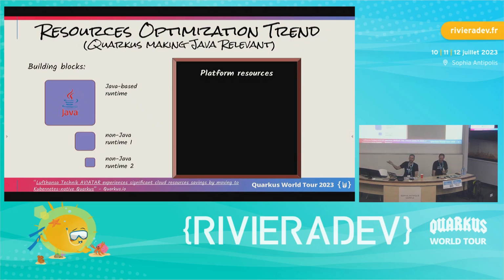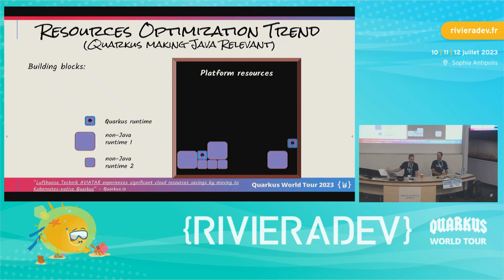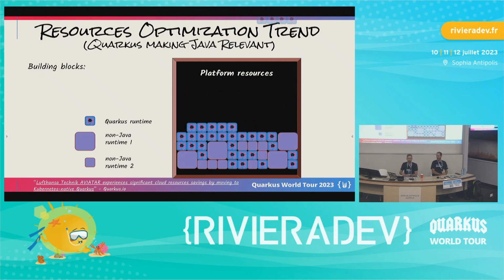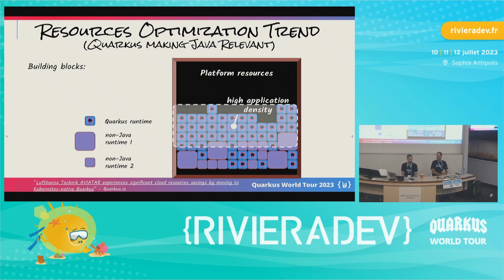So here we see that same node, in this case we're going to use Quarkus, and so you'll see that we can actually use Java for cloud-native applications with a small footprint, with a lot of density on our servers to use them in the most optimal way, which is financially interesting. It's interesting in terms of resources.